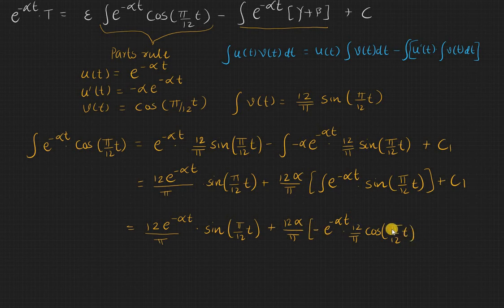So this minus sign is coming from the integration of sine, which is minus cos, so we have added that in front of e.